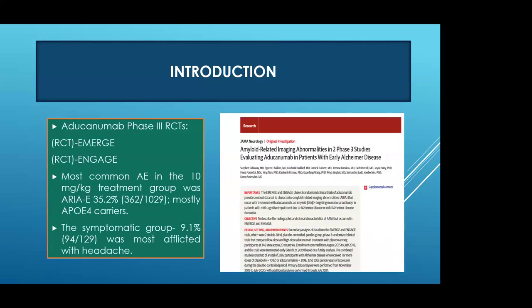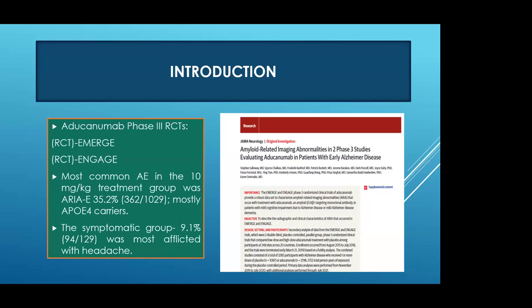Another of the studies was the aducanumab phase 3 trial, with the design of EMERGE and ENGAGE, with 1,638 and 1,647 participants. Only 55.2% completed the study.